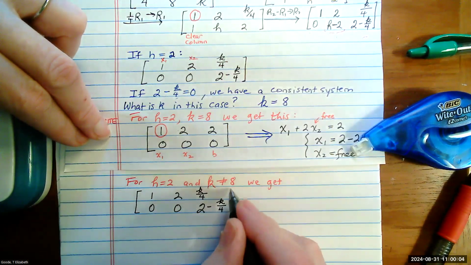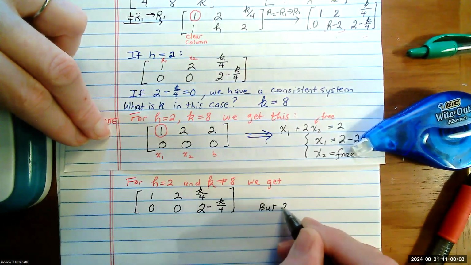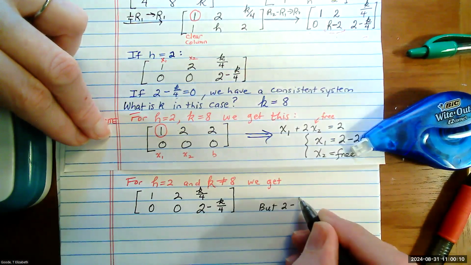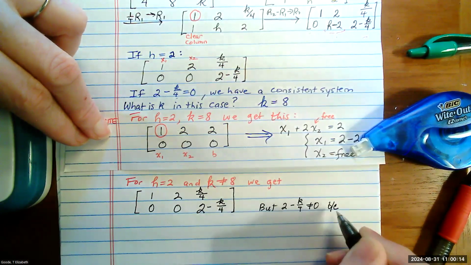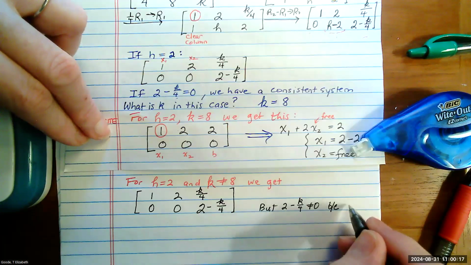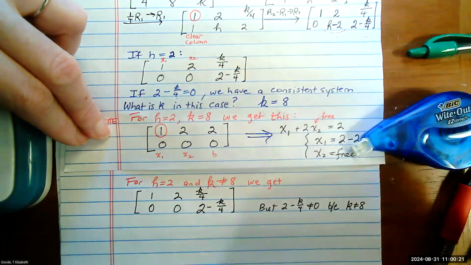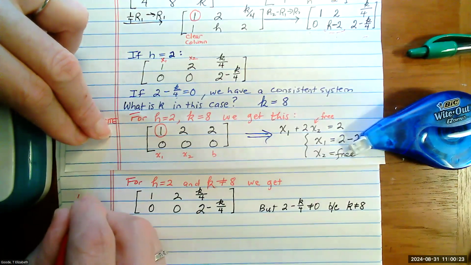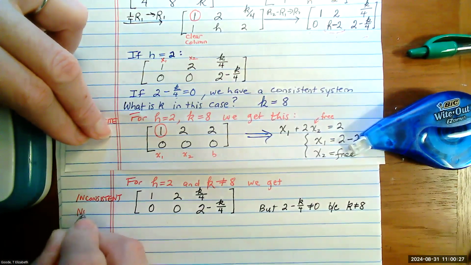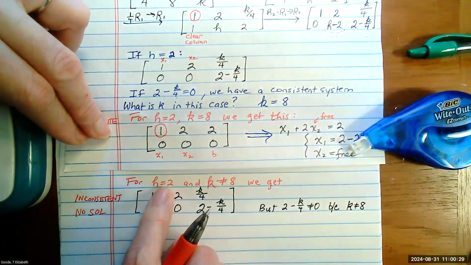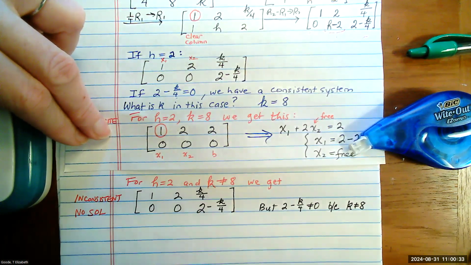And this is also not 0. So let's just write that down. But 2 minus k over 4 is not 0 because, I'll use b/c for because, k is not equal to 8. And this is an inconsistent system. And there is no solution if h is 2 and k is anything but 8. Okay.